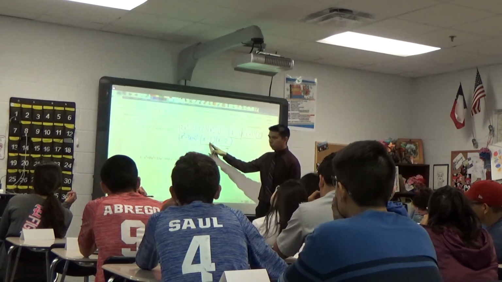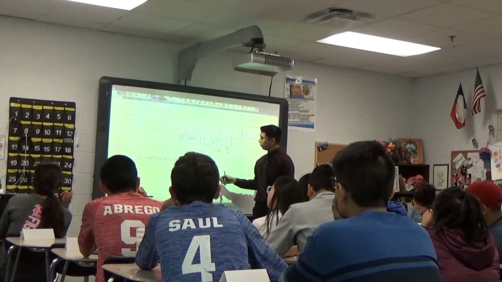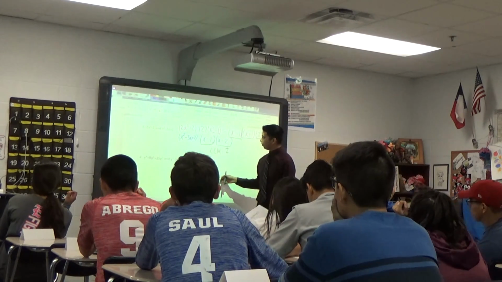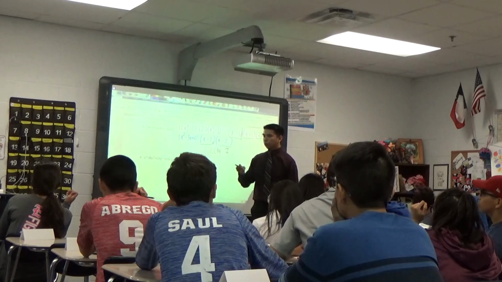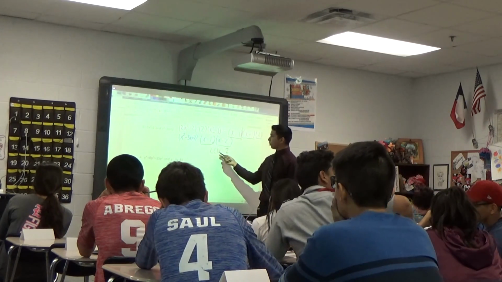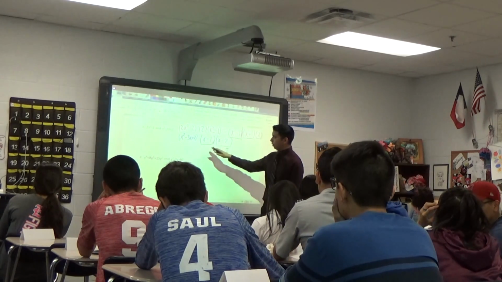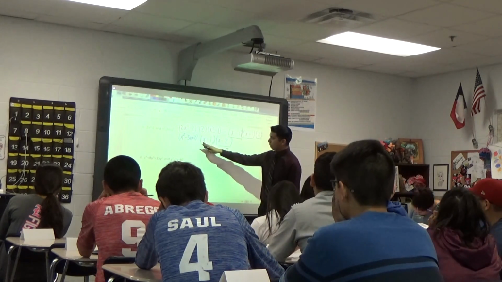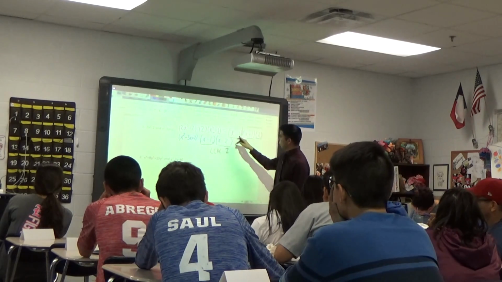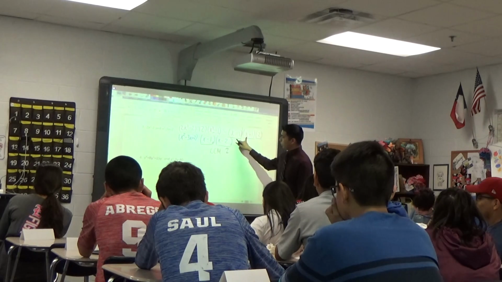X minus 2? Well, that's if you're solving for the x's, instead of being equal to 0, you would get x equals 1, x equals 2, x equals 1, x equals negative 1.